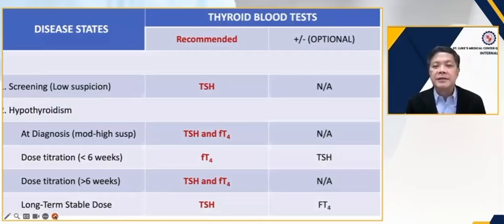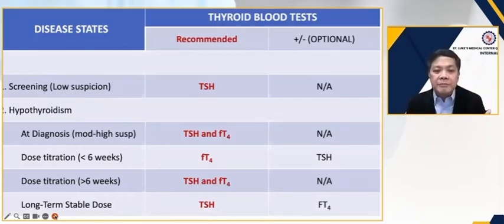Because TSH will be the first to become abnormal. There's no point making the patient spend money on T4 and T3. TSH alone should suffice.